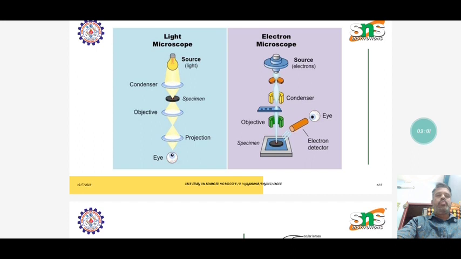The beam is focused at a point using condenser lenses, which are electromagnetic lenses. With the divergence and convergence of the electron beam we get a very accurately magnified object on a photographic plate or the screen. So this is an advantage compared to light microscopes.